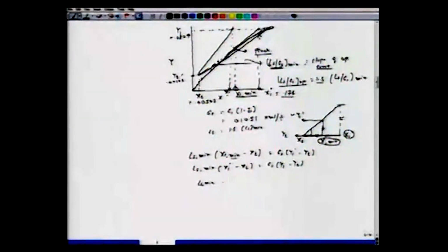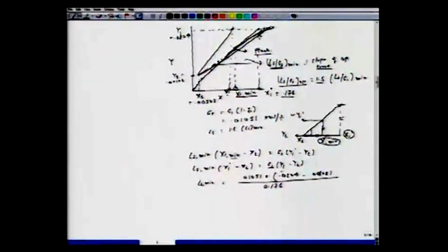So Ls min equal to 0.01051, which is the Gs, multiplied by y1, which is 0.0204, minus y2, 0.00102, divided by 0.176. So we are reading this x1 star here as 0.176.